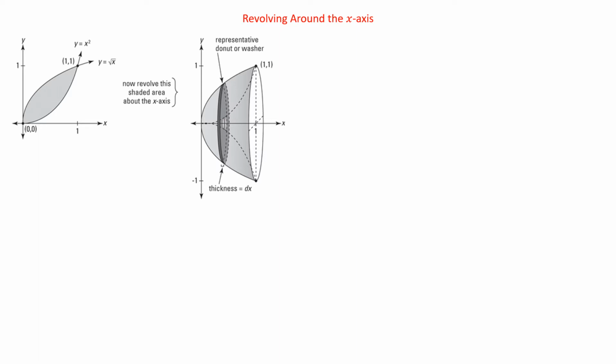Now, sometimes it's nice to have both the pictures, but I would always start out with a graph, just the two-dimensional graph, so that you can see what your radii are. Our radii, we're going to have the big radius goes from the x-axis up to that upper function. And then the little radius goes from the x-axis to the lower function.